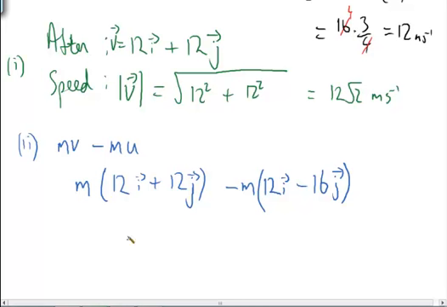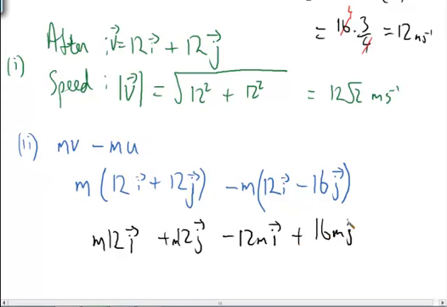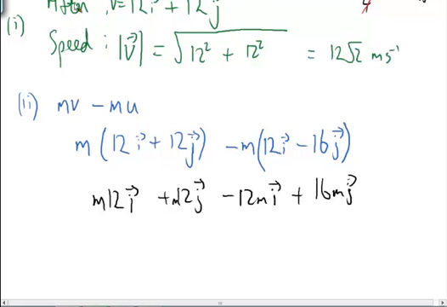Multiply these out, and we get 12mi plus 12mj, minus 12mi minus 16mj, minus by minus there. So what you'll notice here is that one there and that one there can cancel, and we get 12 plus 16, so the impulse is equal to 12 plus 16, which is 28mj.